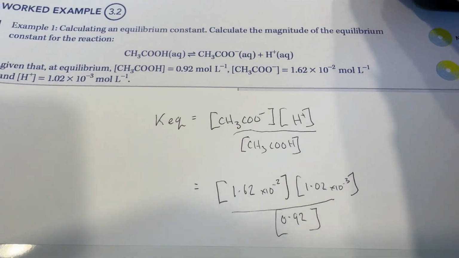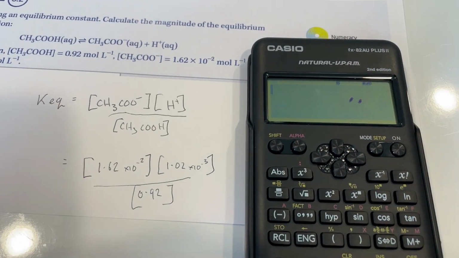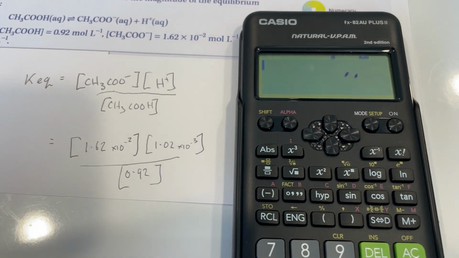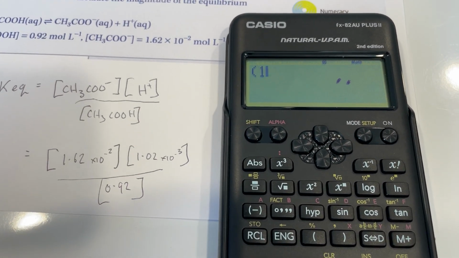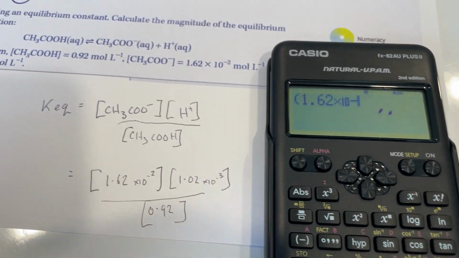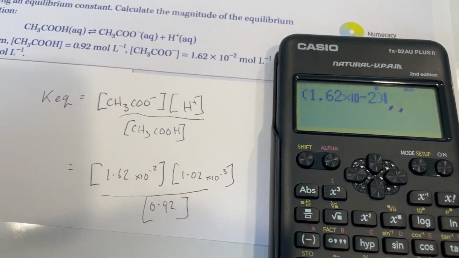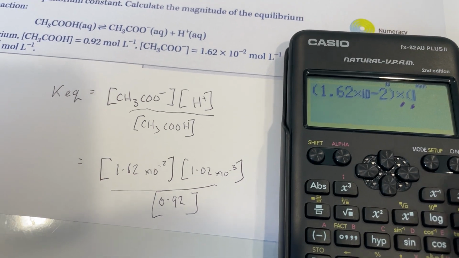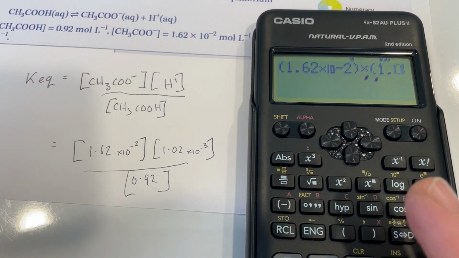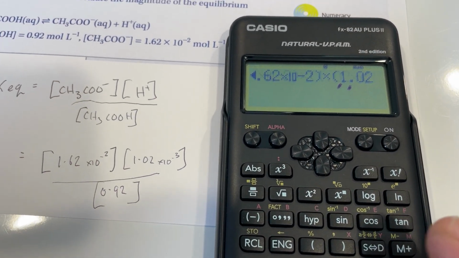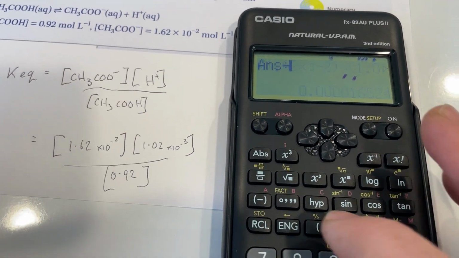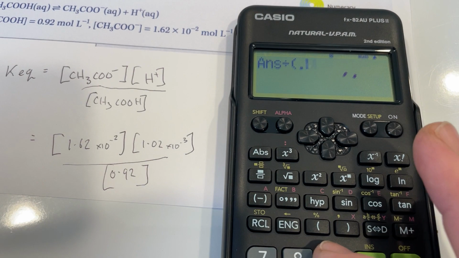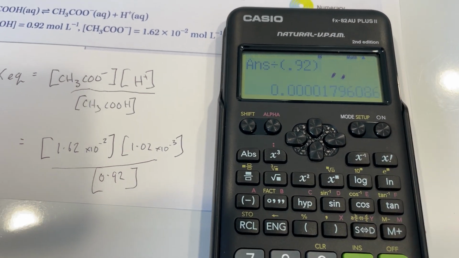Now that I've got my K expression with my numerical values in moles per litre, I'm ready to put it into my calculator. So you just go ahead and calculate 1.62 times 10 to the minus 2, close those brackets, times 1.02 times 10 to the minus 3, close those brackets, divide it through by 0.92 equals.